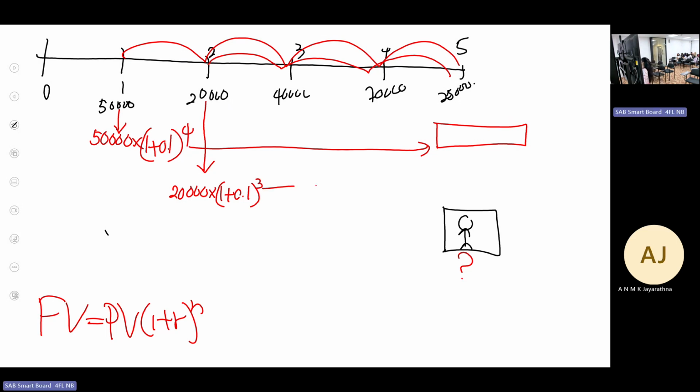Take the balance here. Third year, 40,000 multiplied by 1 plus 0.12 to the power 1, 2.